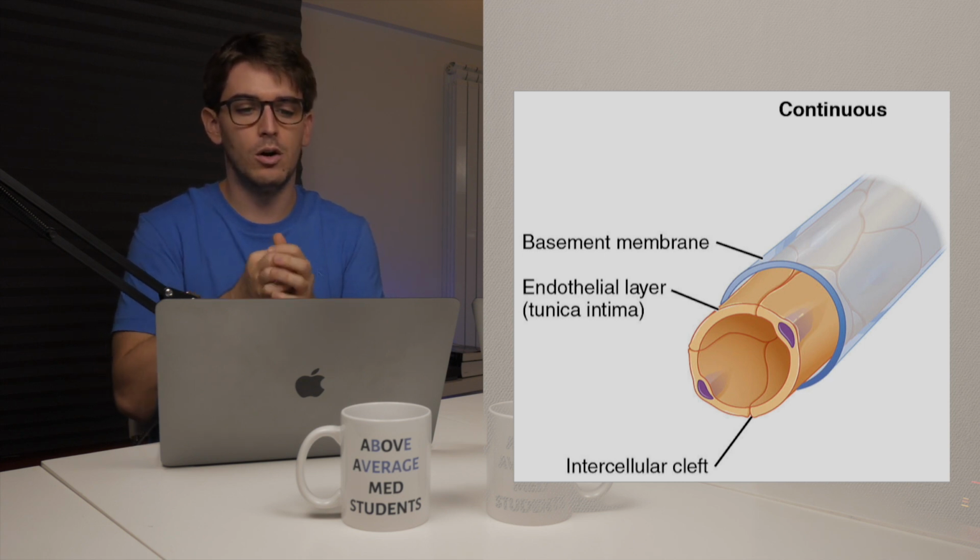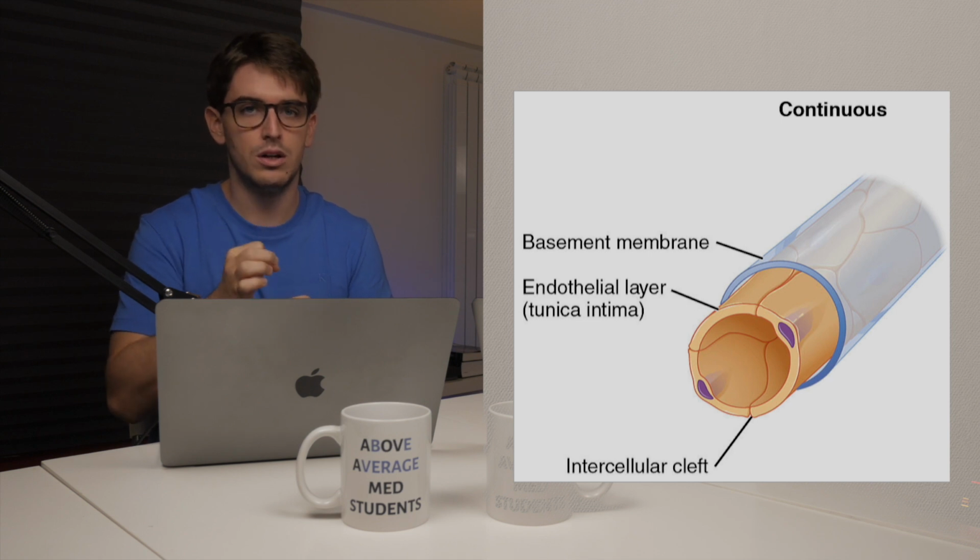So much so that they only allow for very small pores being present at the junctions between multiple endothelial cells, and these very tiny pores allow for only the passage of very small substances like ions, glucose, amino acids, while remember lipophilic molecules and gases can just flow through the membrane of the capillaries.